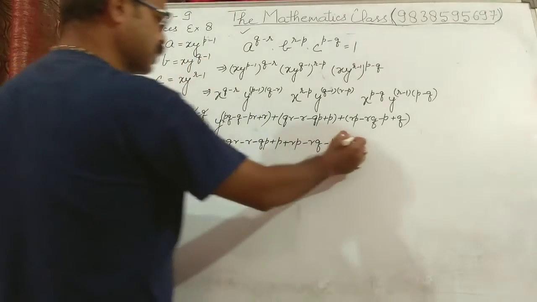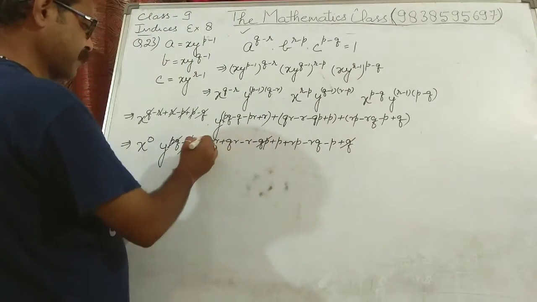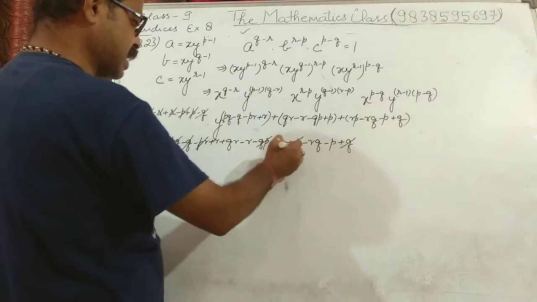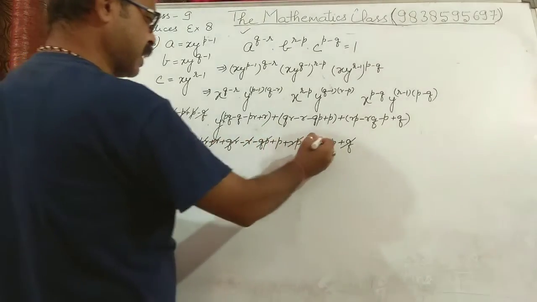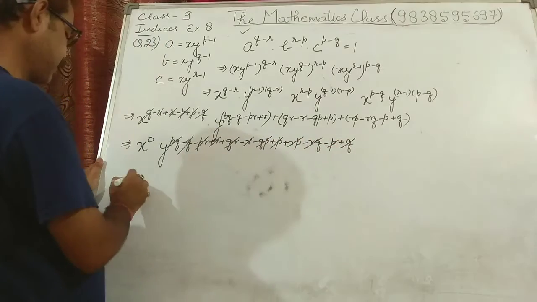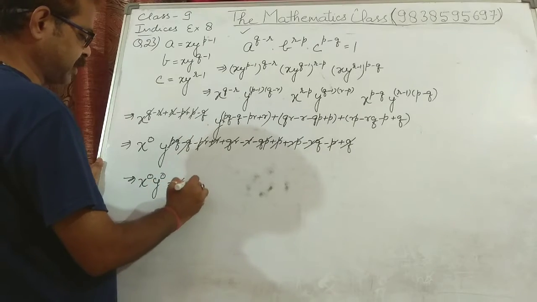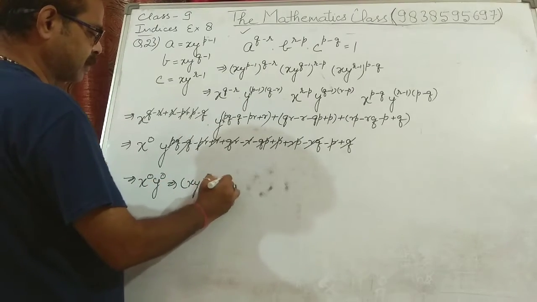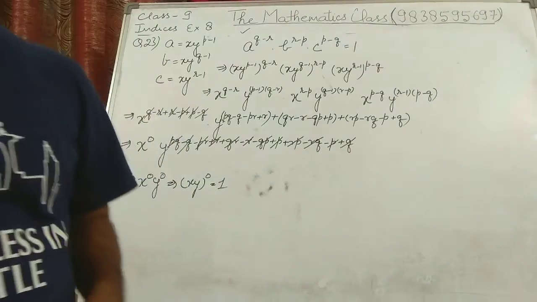Now minus q plus q cancelled, plus pq minus pq cancelled, minus pr plus rp cancelled, plus r minus r cancelled, plus qr and minus rq cancelled, plus p minus p cancelled. So here we got x to the power 0 into y to the power 0, or this can be written as (xy) to the power 0, that is equal to 1. That is your question number 23.